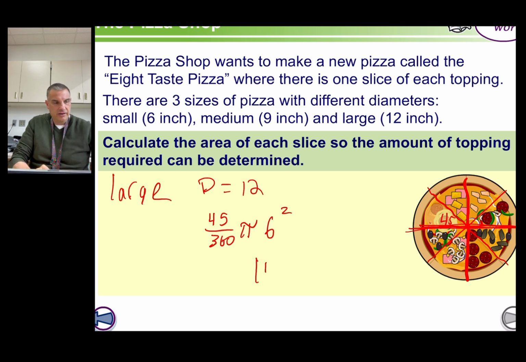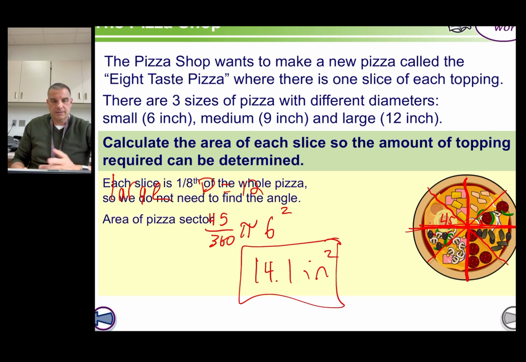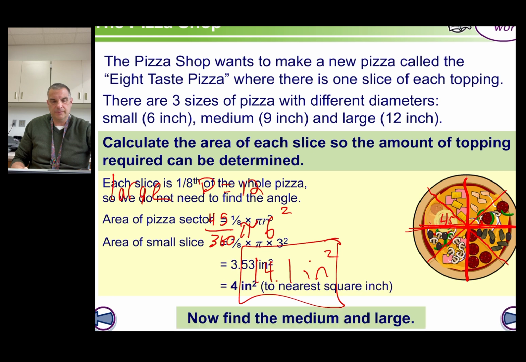I get an area of 14.1 inches squared for that piece of pizza. So there are 14.1 little 1 by 1 inch squares in that pizza. But remember, you need to know the radius, not the diameter. Okay, they did a different one, which is fine.